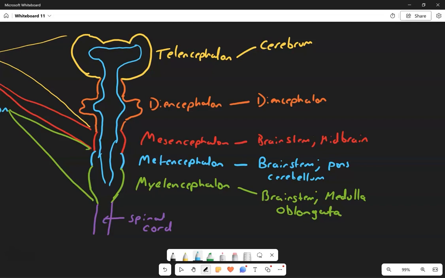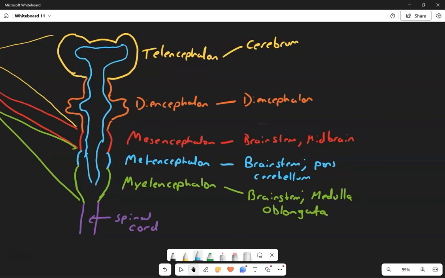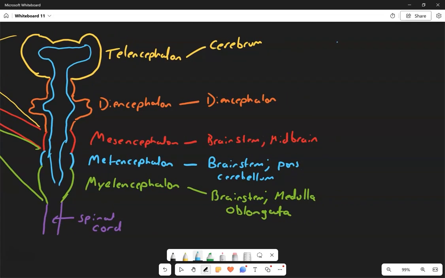So your telencephalon, this area here, in terms of your ventricles, is going to become your lateral ventricles. Okay. In the region of your diencephalon, that's going to become what we call the third ventricle. Right? It's third because the lateral, left and right, are numbers 1 and 2.